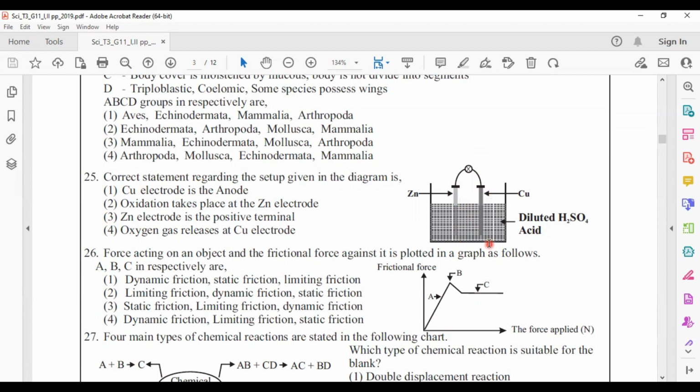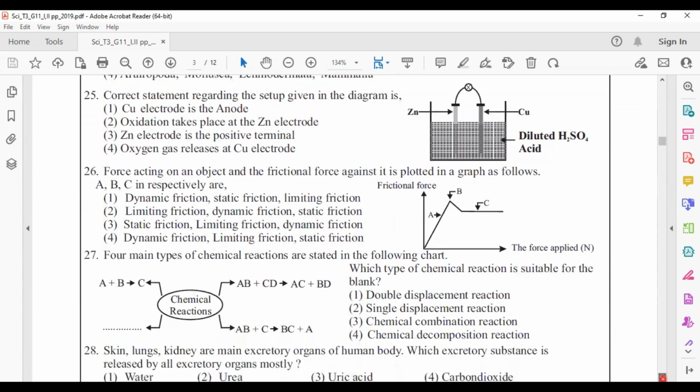You know, the element highest in the activity series is undergoing the oxidation. Here the zinc is higher than the copper, so zinc is doing oxidation, and we can see the zinc plate is dissolving. So answer 2, oxidation takes place at zinc electrode.